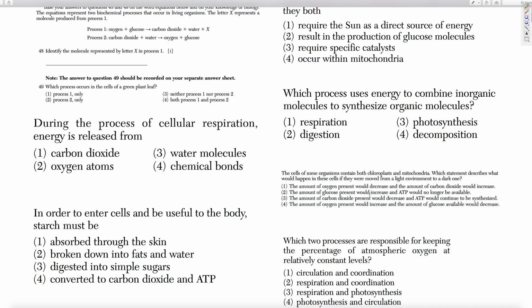Oh, no, they would take in oxygen. 4 is right. They would take in oxygen and give off carbon dioxide. In cell respiration, you take in oxygen, give off carbon dioxide. So the oxygen would decrease because they'd be taking in the oxygen, and there would be more carbon dioxide because they'd be giving off carbon dioxide.